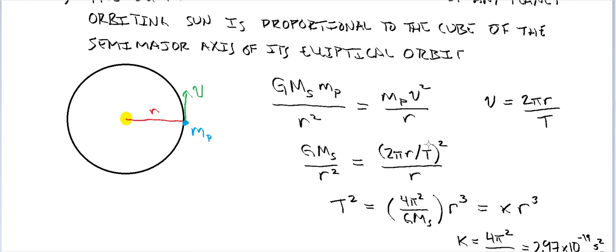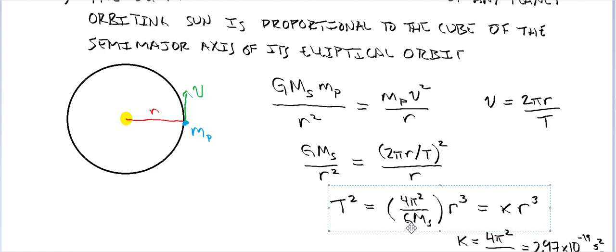You can perform the algebra as well as I can, and what you'll find is that capital T squared, the period squared, is going to equal 4 pi squared over capital G times the mass of the Sun, all of that multiplied by r cubed.